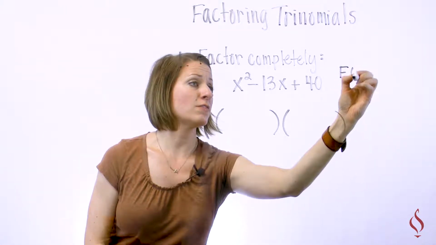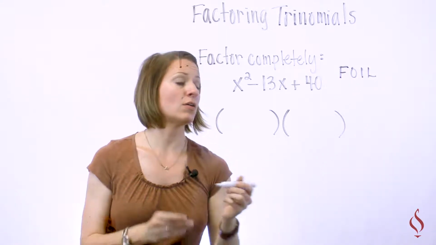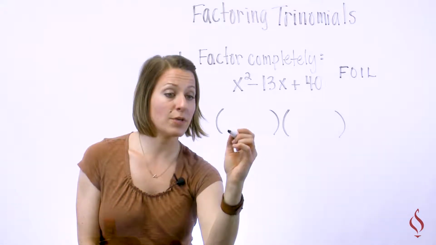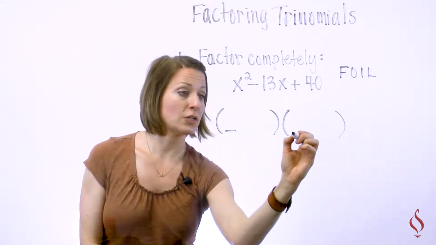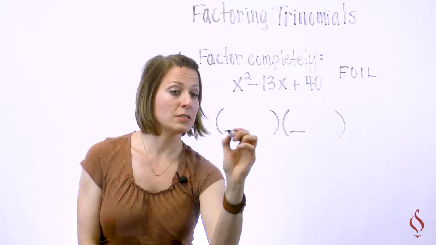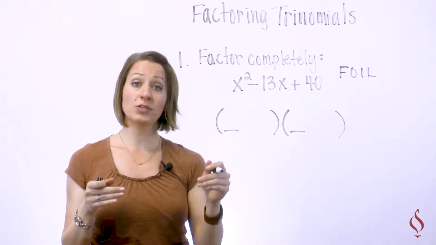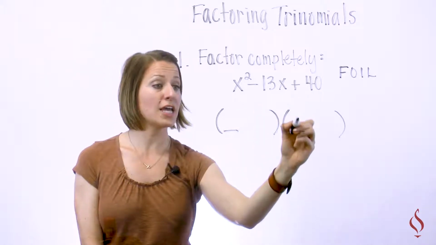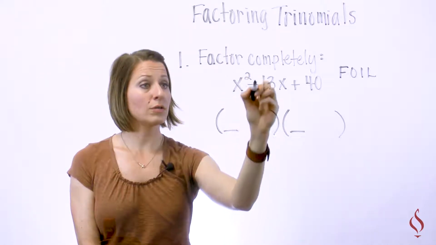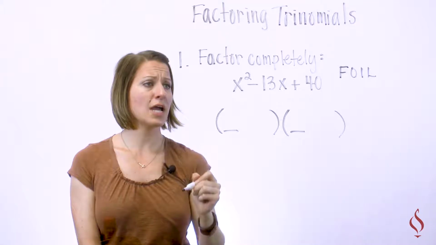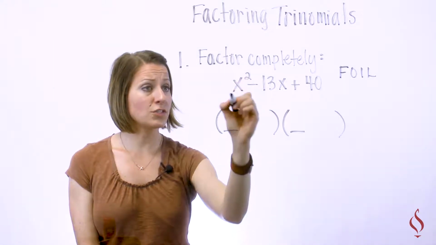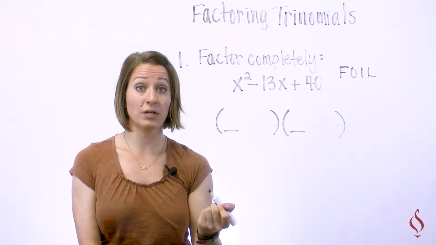We have the F, the O, the I, and the L. The F stands for the first term, which in the answer is where those first terms would be. And we would generally multiply those two together, and it will in this case, if it's in descending order, produce this first term right here, x squared.